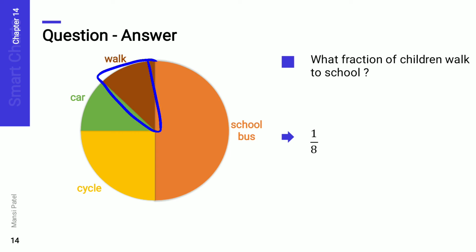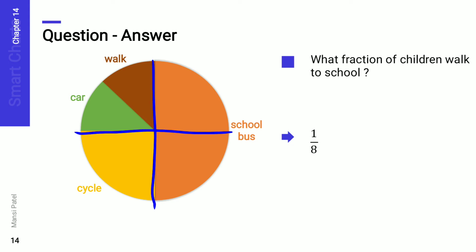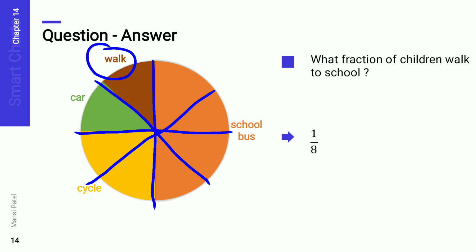So we can say 1/8, because there are 8 equal parts of this circle graph, and out of these 8 equal parts, walking occupies only one part. That is, the fraction of children who walk to school is 1/8.